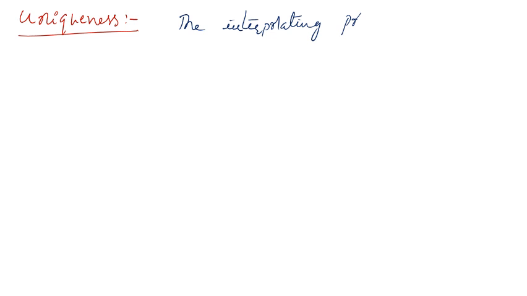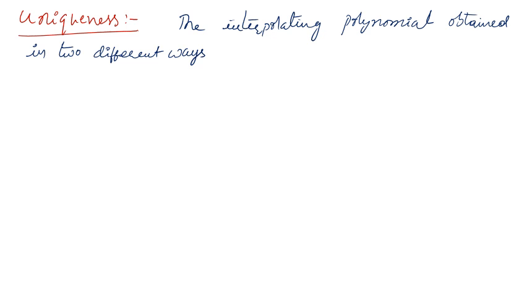Now, uniqueness of interpolating polynomial. The statement is: the interpolating polynomial obtained in two different ways may be different in form.